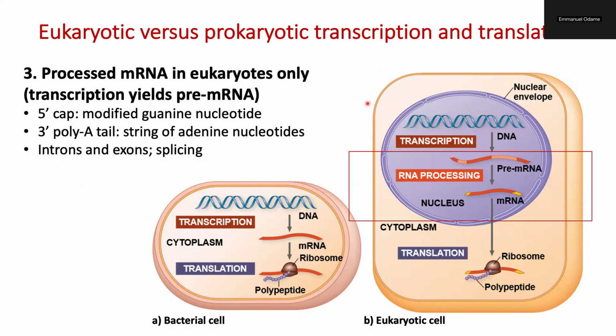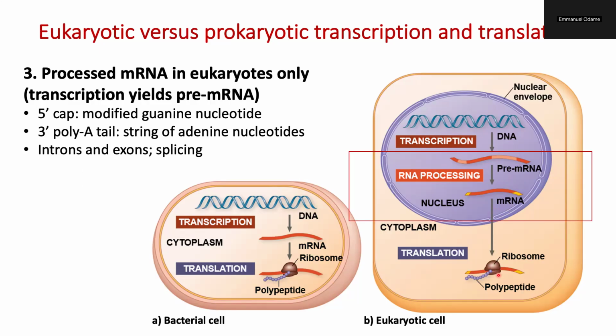So the transcription happening in a bacterial cell only results in an mRNA, but the one happening in eukaryotes will first result in a premature mRNA, and then the premature mRNA has to be processed into a mature mRNA before it exits the nucleus into the cytoplasm for protein translation to happen.